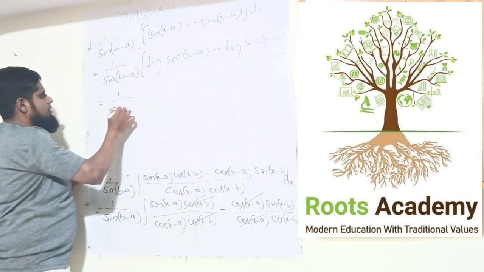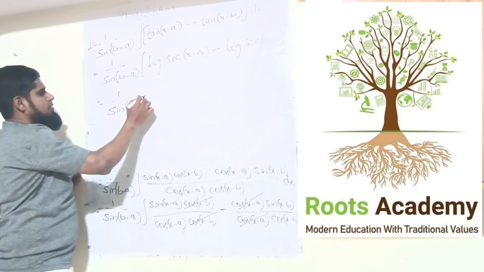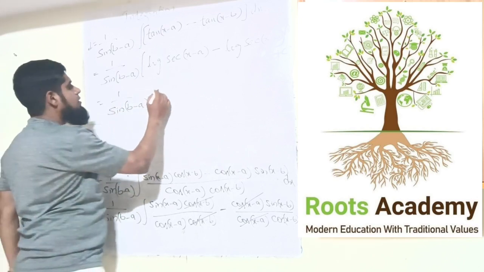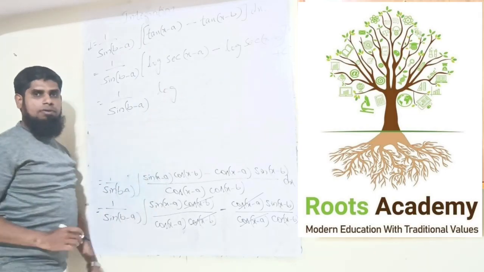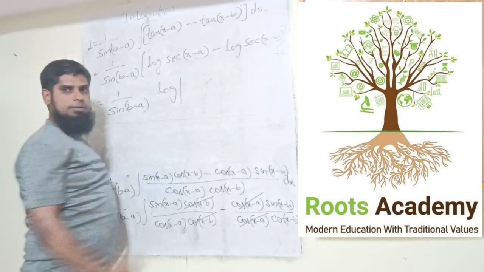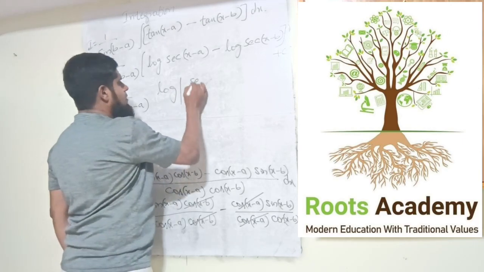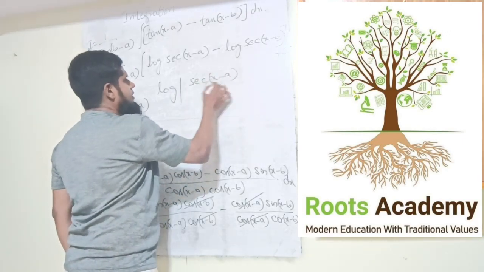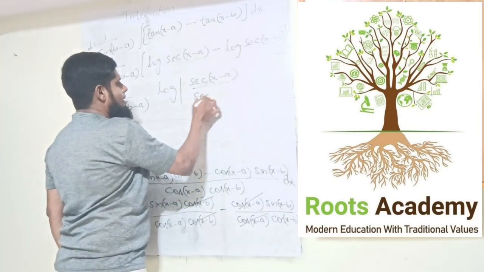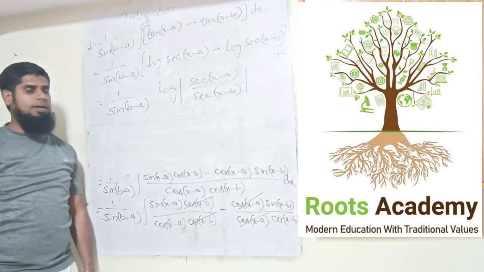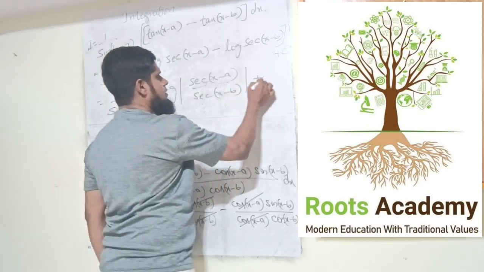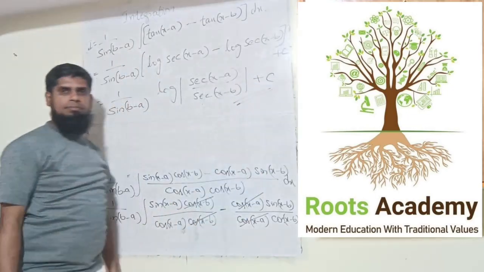So 1 divided by sine b minus a is multiplied to log of, I'll take mod here, secant x minus a, that is m, divided by secant x minus b, that is n, log m by n, plus c. This is the answer.